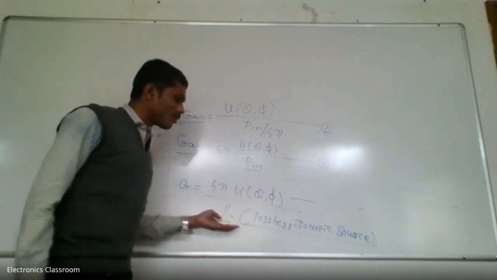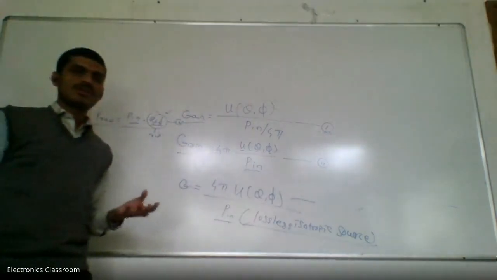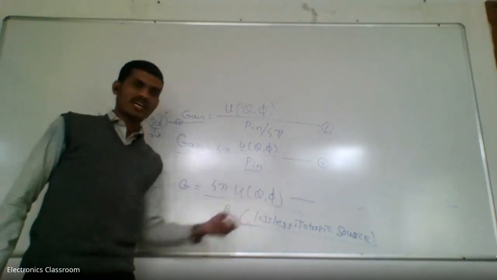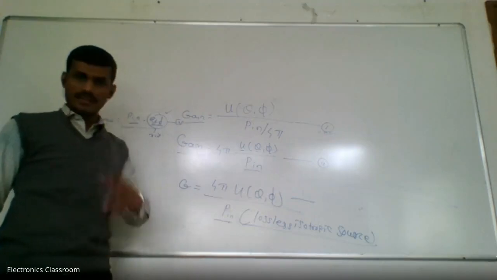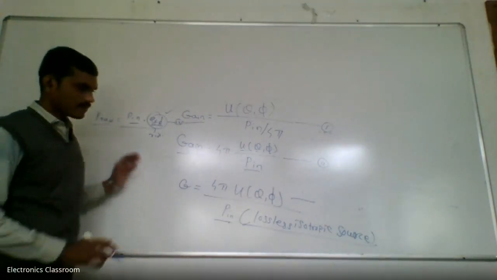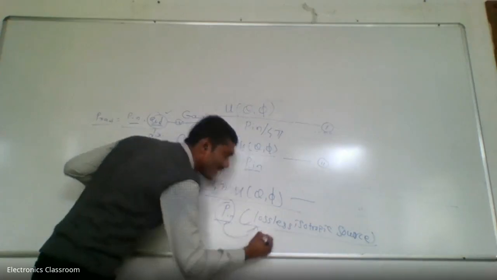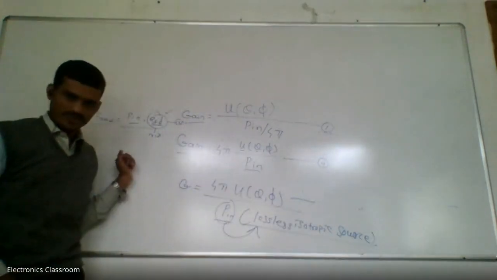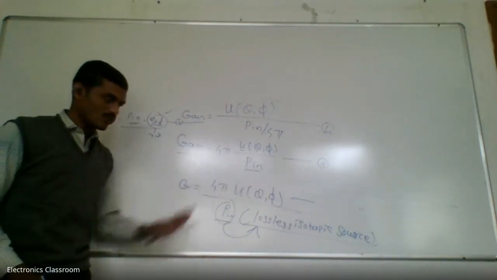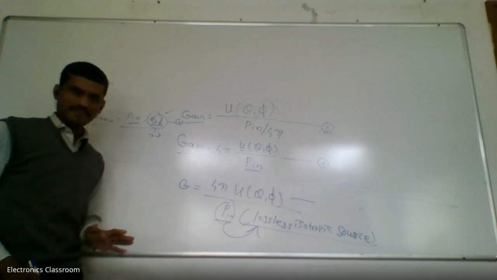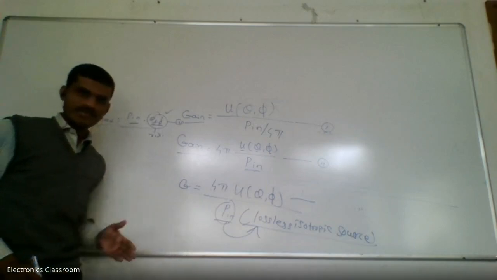These are not the same term. Power is totally different from the lossless isotropic source. Power is taken by the lossless isotropic source. Power is not the lossless isotropic source. Is that clear? Yes, Prashant?